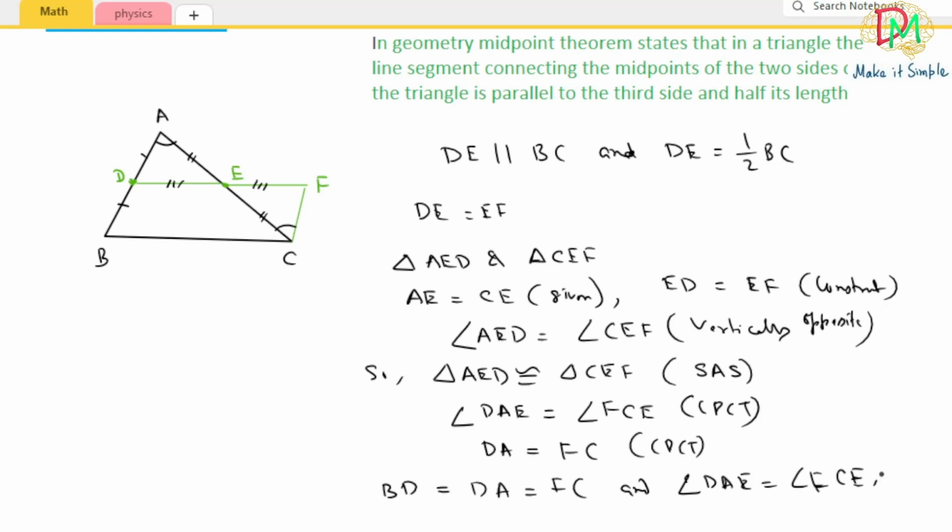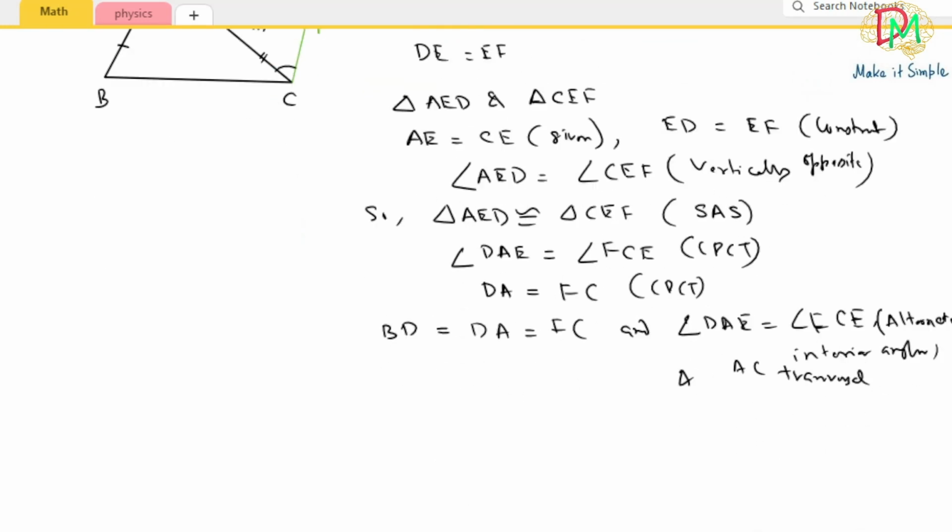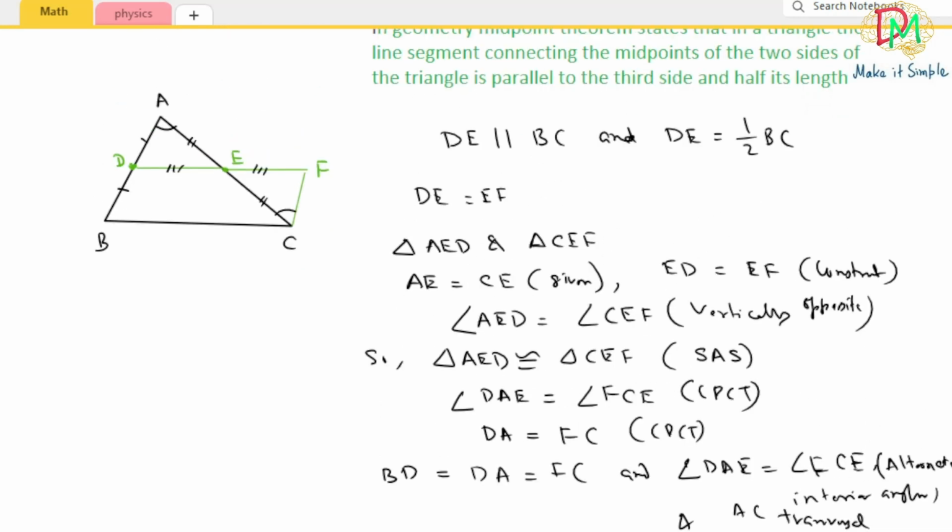These are alternate interior angles, and AC is the transversal. So we can say that AD is parallel to FC.